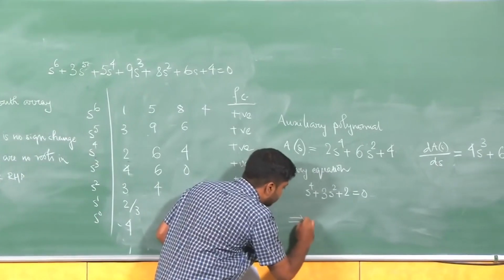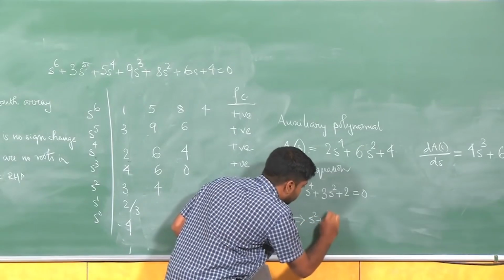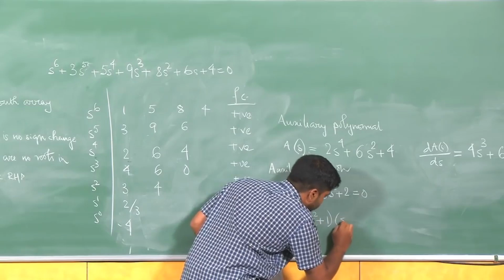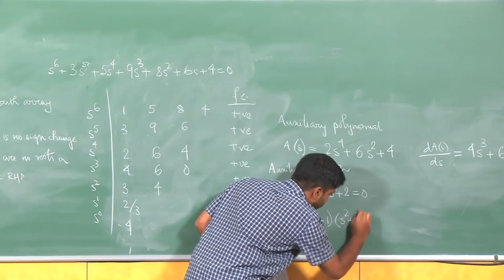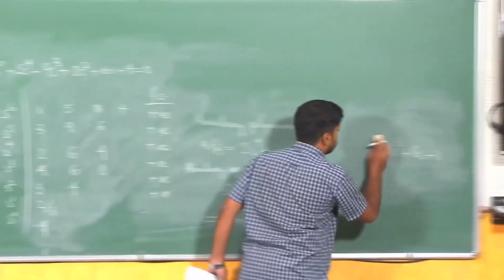So, here we can see that s square plus 1 into s square plus 2 equal to 0. Okay.